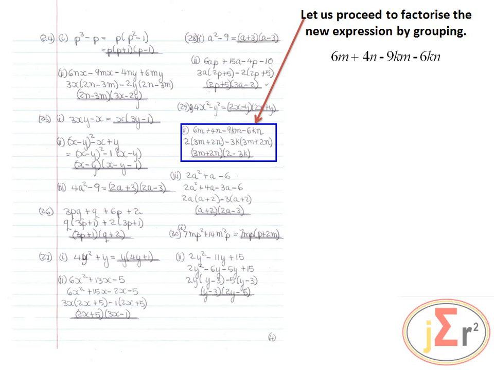For sure, this part is not affording us any more addition to our common factor, because here we have an m and an n, so the only highest common factor is 2. So the first two terms have common factor of 2. There is our highest common factor of 2.